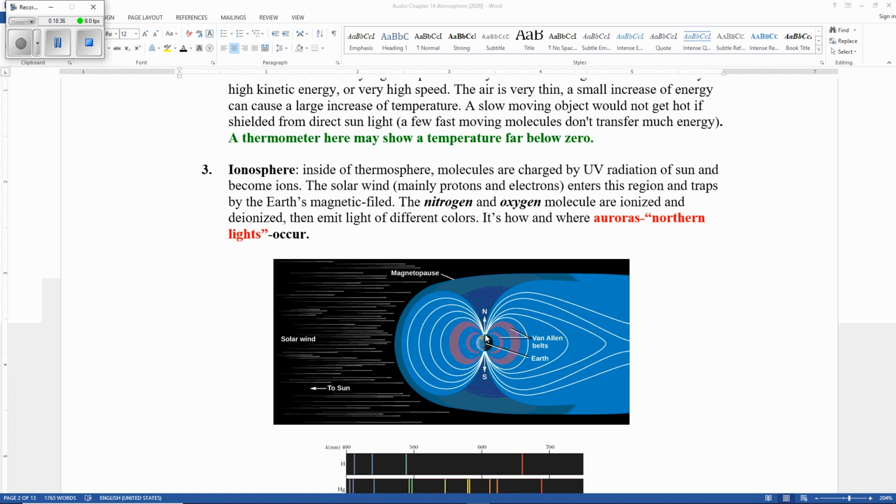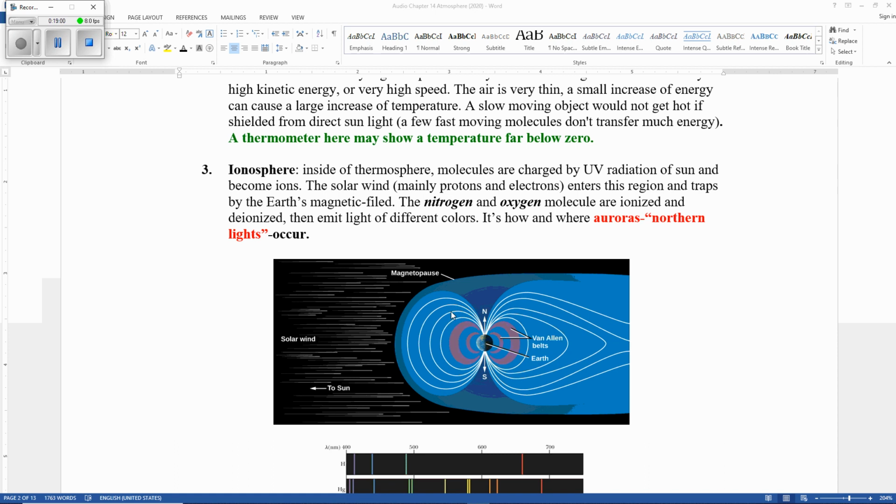Okay, so now remember we have a magnetic field of the Earth. And here's the Earth. The magnetic field extends long, far away. When these particles from the sun enter the magnetic field, what happens? The magnetic field is going to change the direction of those particles. We discussed that in chapter 6.